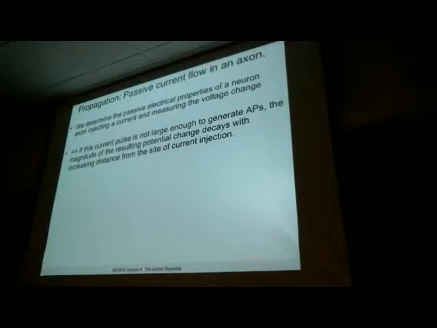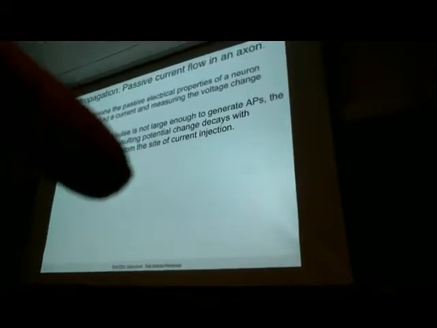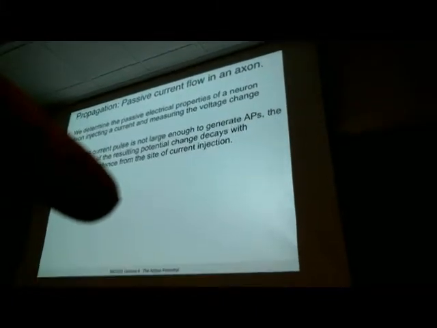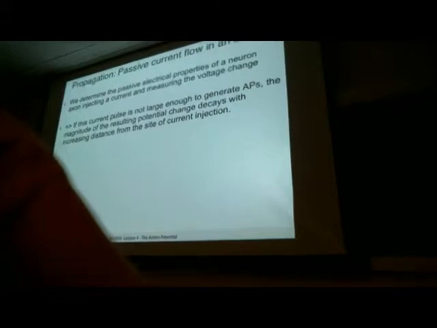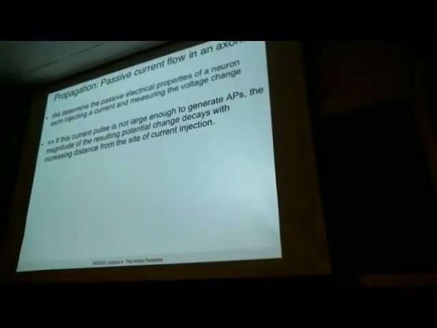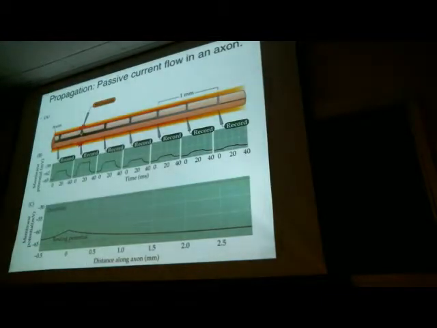So how do you get from point A to point B? The rest of the lecture is going to be on the propagation of these impulses. First we have to understand how passive current propagates in an axon. We're going to do this by walking through experiments.